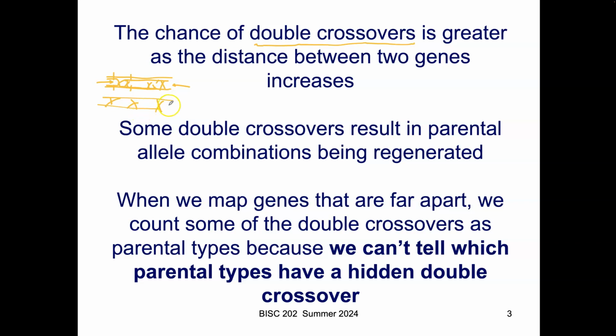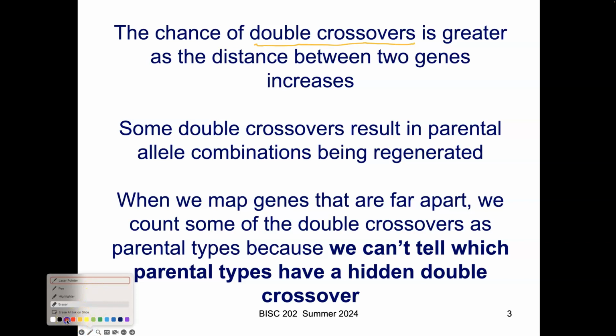In other cases, there might be a lot that are far apart and then a couple closer together and so on. So it's a kind of a random process to some extent. We will talk about when you're looking at very, very close distances, just a few map units apart, there may be some non-random crossover, which we'll talk about afterwards.